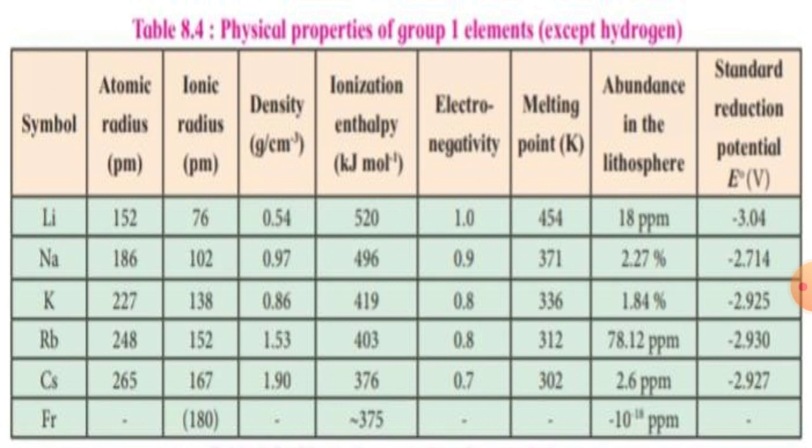For group 1 elements: lithium, sodium, potassium, rubidium, cesium, francium. Here you see, as we are moving down the group, the atomic radius is increasing. You see the value for lithium 152, then sodium 186, then potassium 227, and so on.